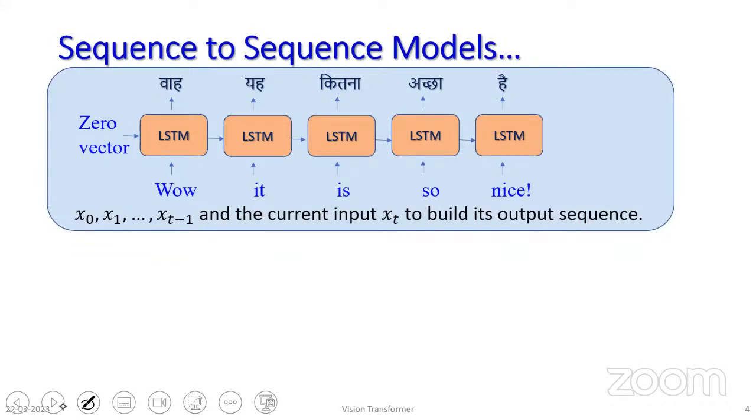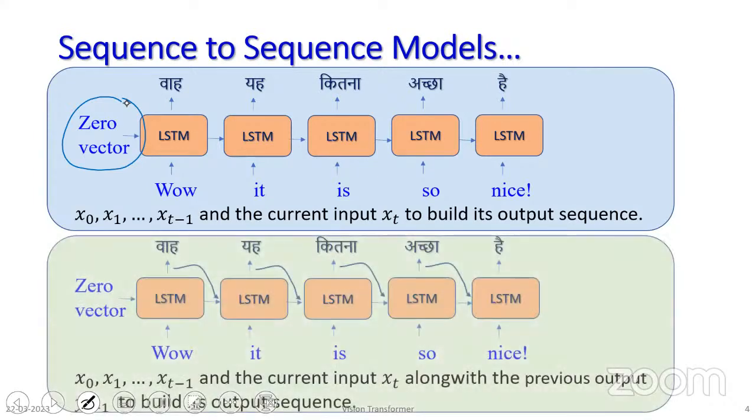Initially we start with a zero vector or a start of sequence word, and then we keep on translating. As I told you, in some cases the output is also fed to the next LSTM unit for better approximation.